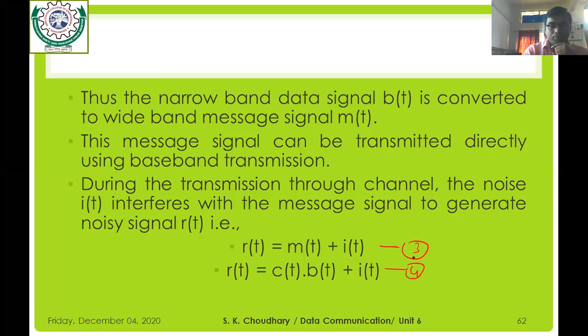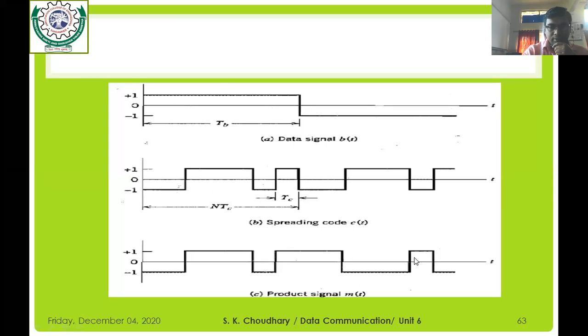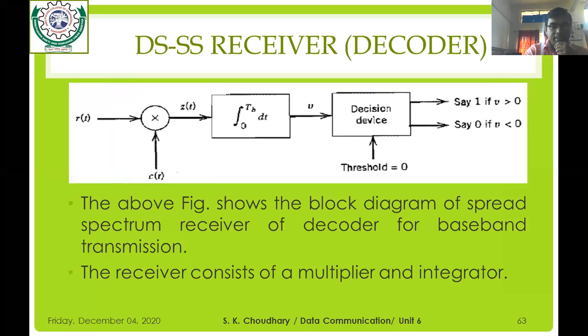Now we have also seen the waveforms. The first one is the data signal b(t), which is mixed with the spreading code, the PN sequence c(t), and the resultant signal m(t) is generated, a product of b(t) and c(t). This transmitted DSSS signal m(t) goes through the channel, and this is the structure of the DSSS receiver or decoder circuitry.